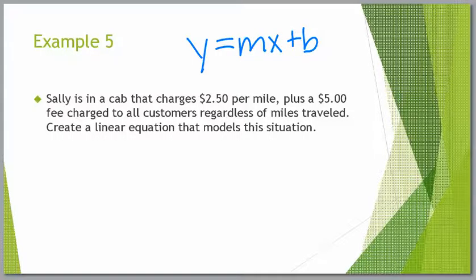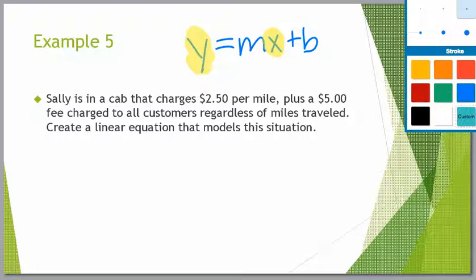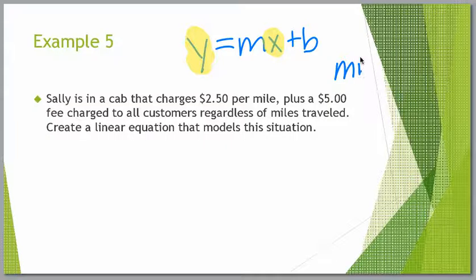And just to make things really clear, x and y are just the common variable names that we use. But we can really use any variable, and it actually becomes really helpful in real-life situations. So in this case, let's call the number of miles traveled m, or actually mi.